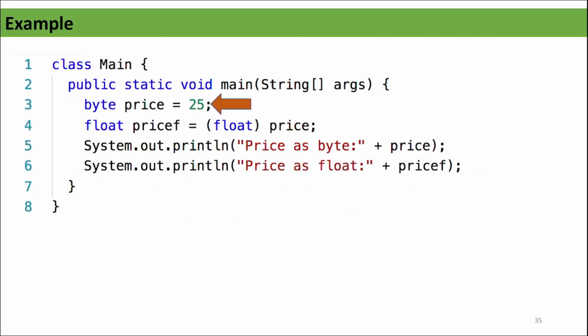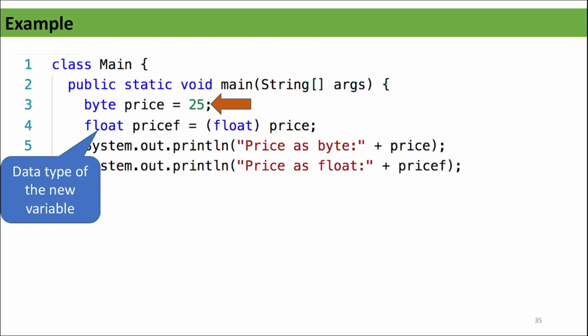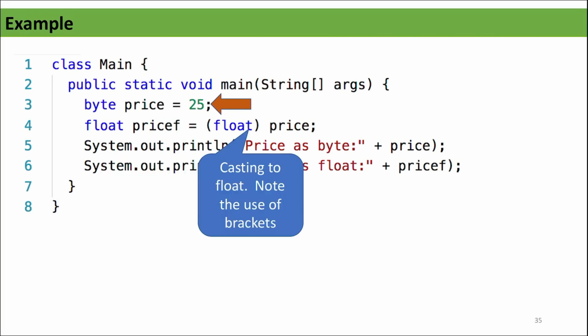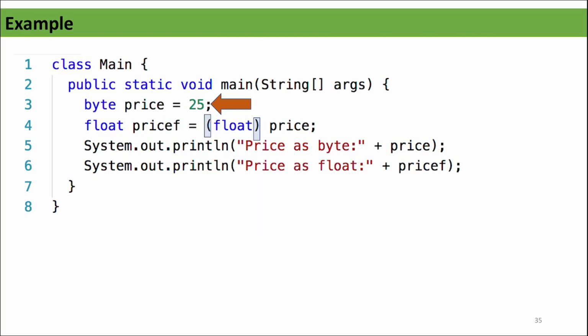Here is an example. The price is declared as a byte, and it has the value of 25. Now, if I want to make it into float, how can I do that? Here is how you do it. You declare a float data type and give it a new variable name, for example, we're calling it price f. Then we use casting. Casting requires two brackets, and inside the brackets you put the new data type that you need to use. Here we need float.